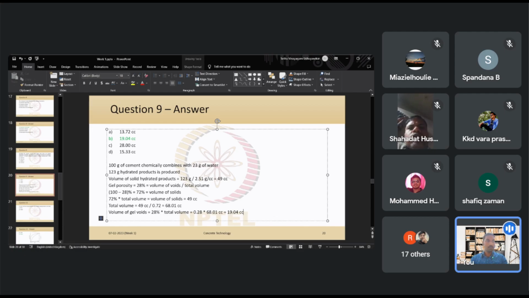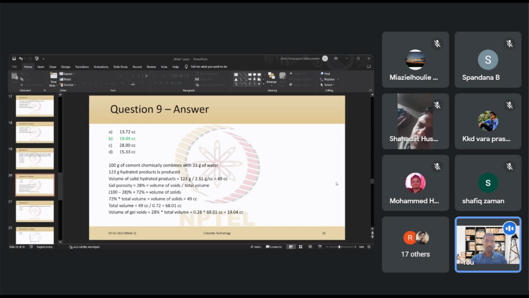So that is given as option B. Okay, so that's how we calculate the volume of the gel voids. Any questions? Was that clear?